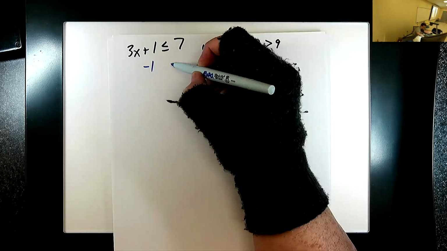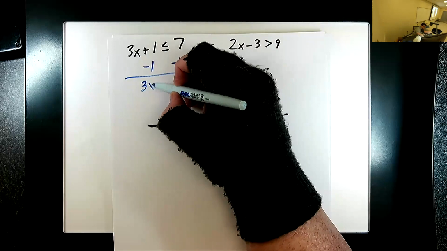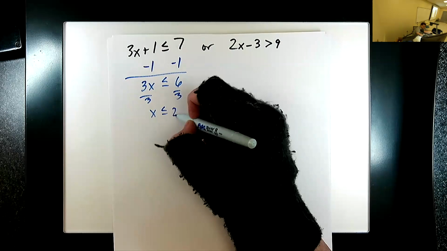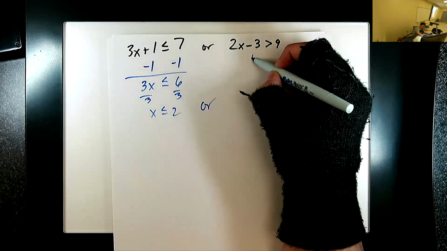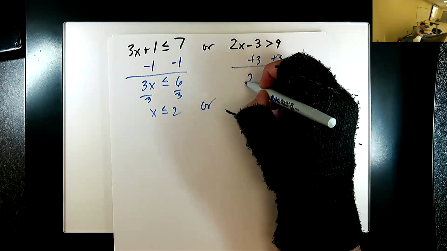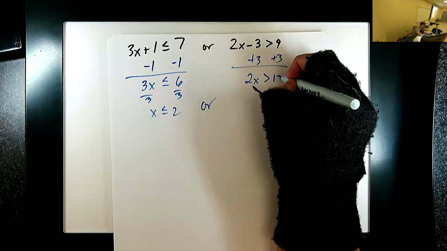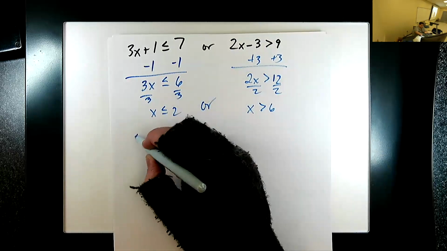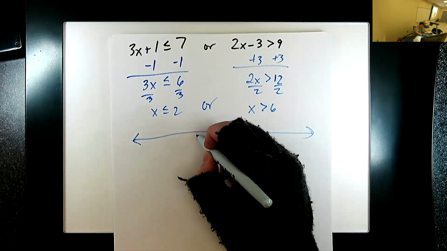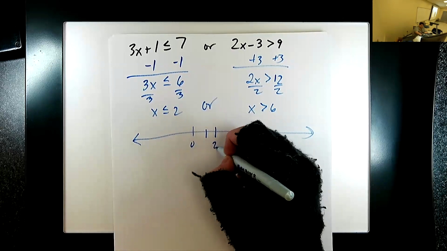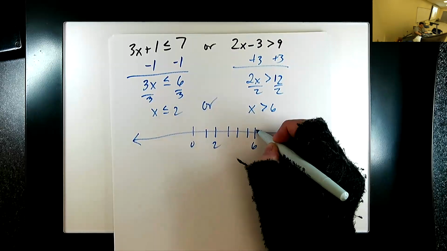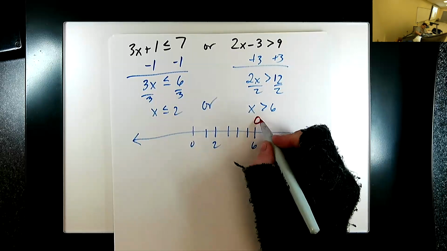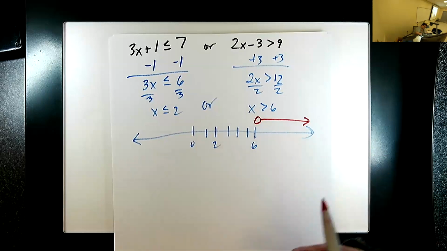So we'll start off with this one, we'll subtract 1. x is less than or equal to 2, or 2x is greater than 12. Divide by 2, and we have x is greater than 6. Throw that on our number line. Greater than 6 is a circle at 6, empty, going to the right.